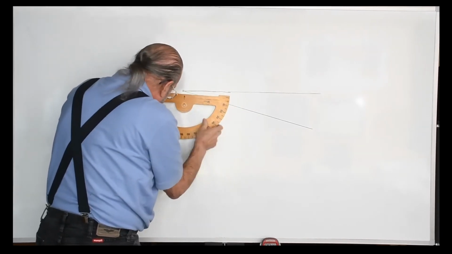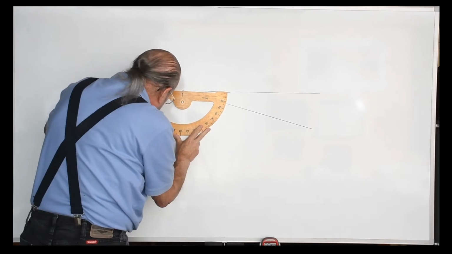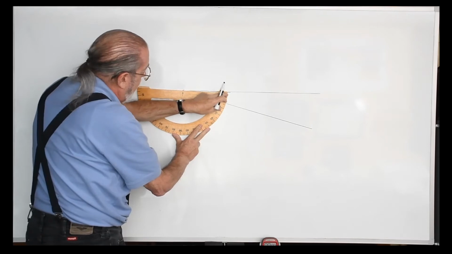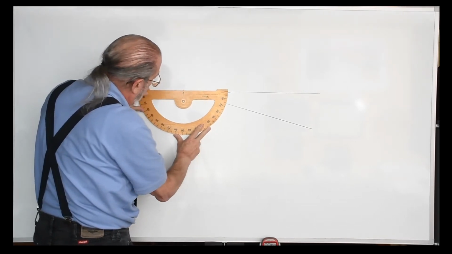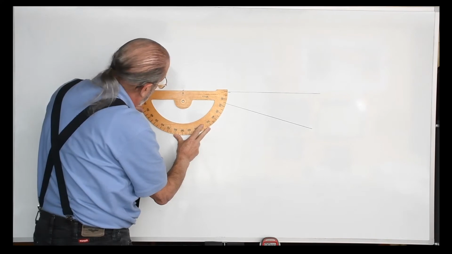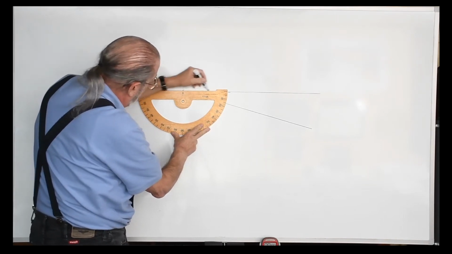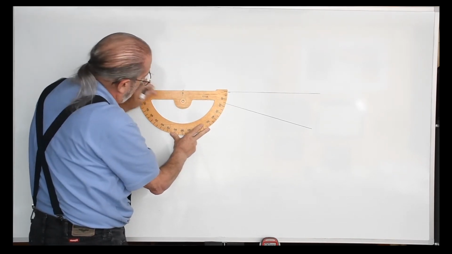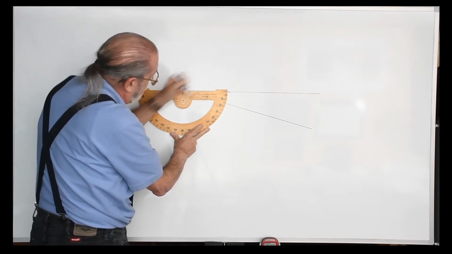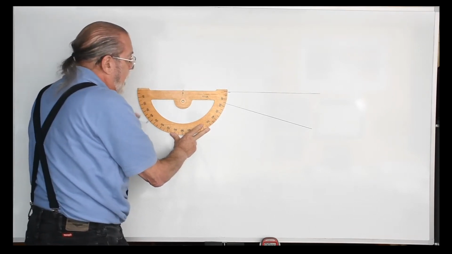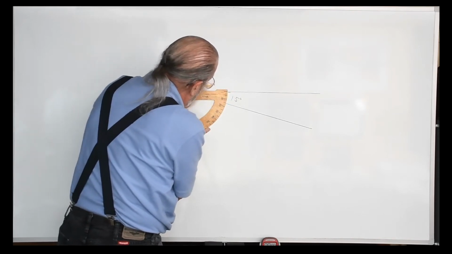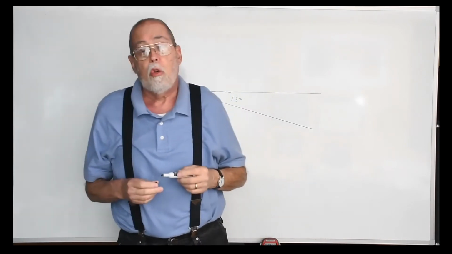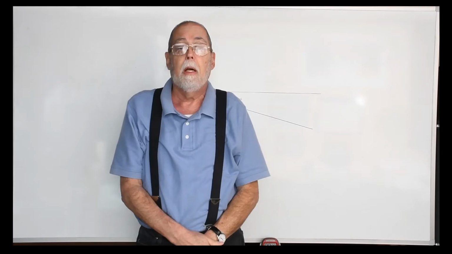And we use the baseline of the protractor. We make sure that the vertices line up. We make sure that the baseline crosses at the 0 mark, so we rotate this around so that the baseline is exactly lined up with the base of the protractor. 0 is here for this one. The vertices must line up, and then we can read, in this case, it sure looks like to me that that is a 15 degree angle. And that is how you use a protractor to read off an angle.